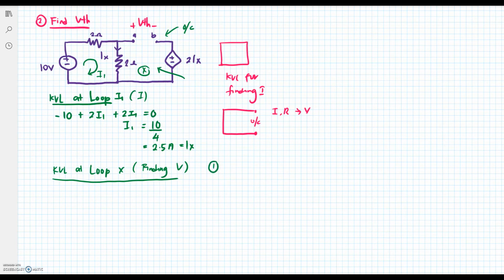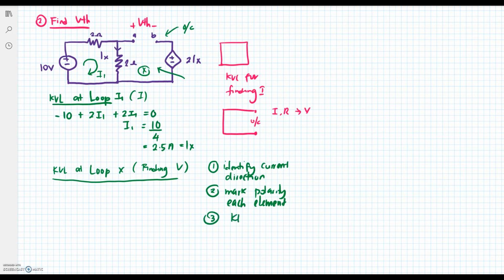First is identify current directions, mark polarity of each element, and then do the KVL.